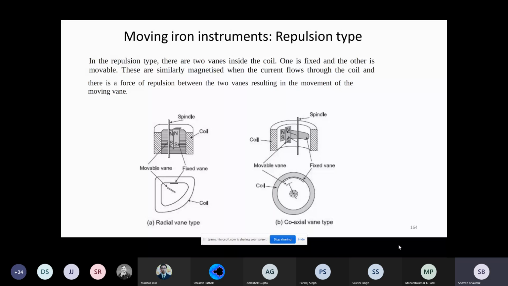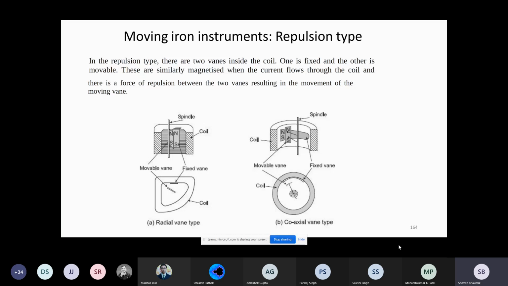Once the spindle moves, the spiral spring starts producing the controlling torque, and once the controlling torque is equal to the deflecting torque, which is produced by the repulsive force of the two magnets produced by the current carrying coils, what will happen? The spindle will not rotate further, and a pointer is attached to the spindle.